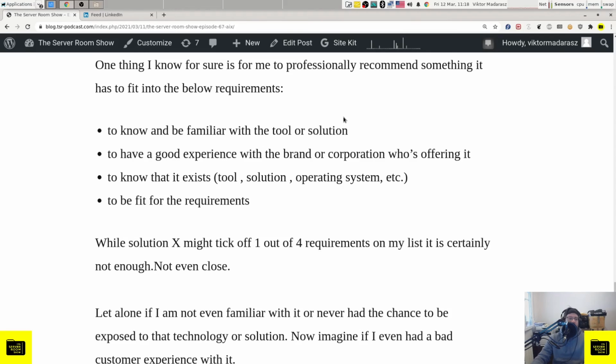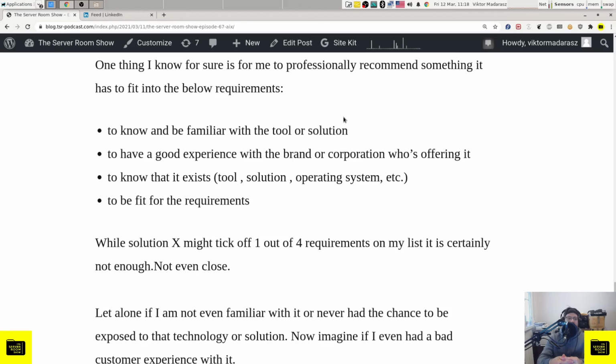I definitely could not. I need to have a good experience with the brand or corporation whose product it is, or who's offering the solution, because the company or the corporation behind the tool or the utility or the platform is just as important as the product itself.